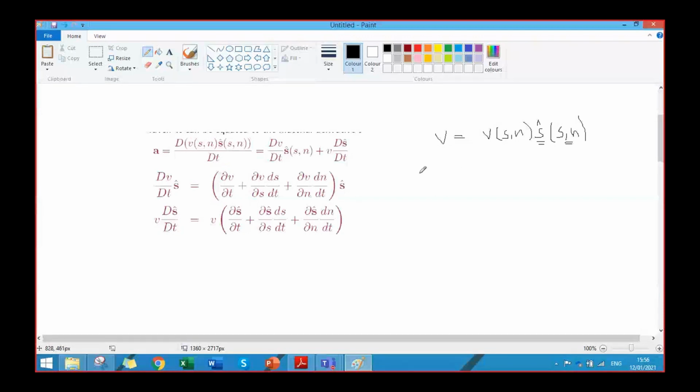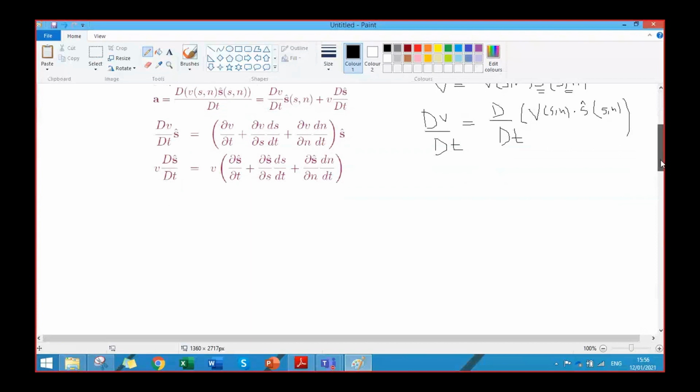If we take the total derivative of this velocity, dV by dt, we'll be taking the total derivative of two components: V, which is a function of s and n, multiplied by s cap, which is the direction of the velocity and is again a function of s and n. So which rule will you apply? Sir, product rule. Yes, the product rule.